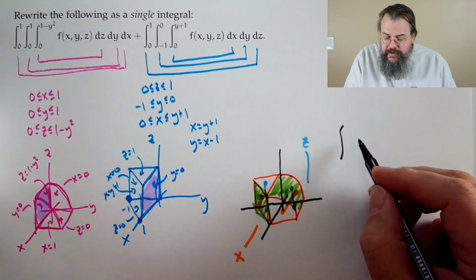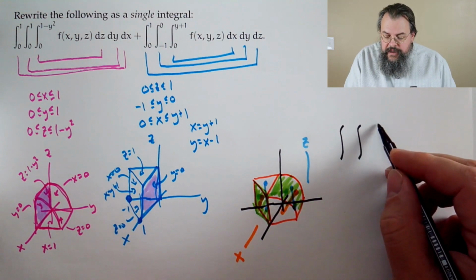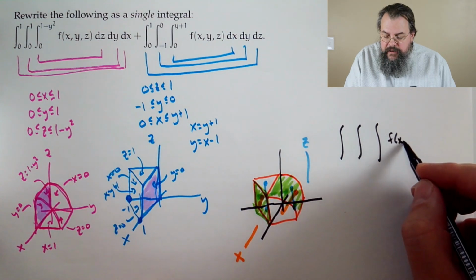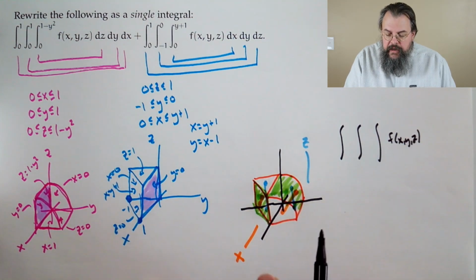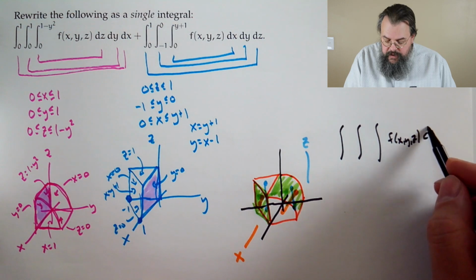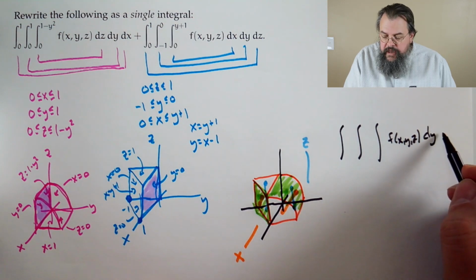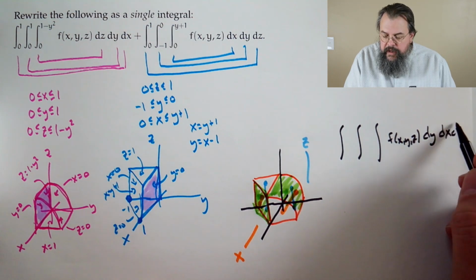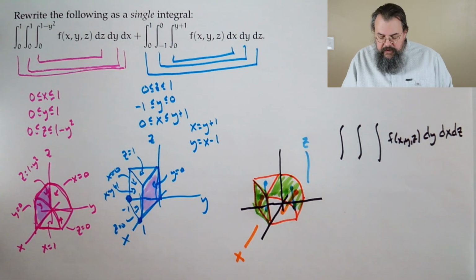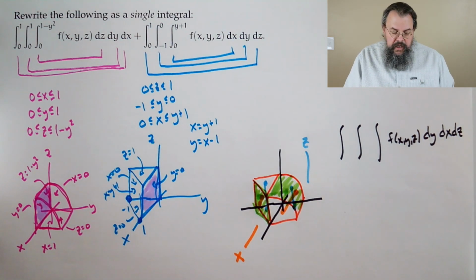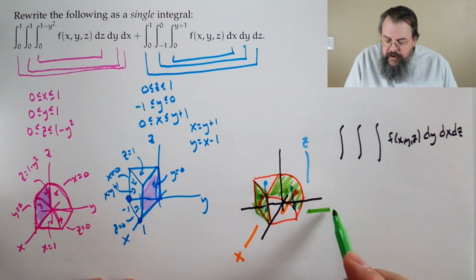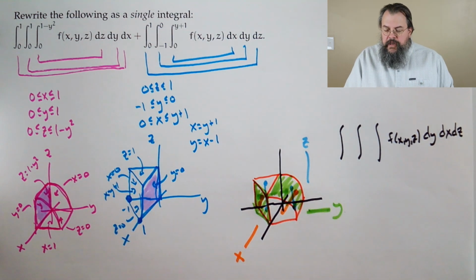So we're going to have an integral, integral, integral, f of x, y, z, and we're integrating with this dy, and it doesn't really matter the next two, dx, dz. Okay, great, good. And just for reference here, this is our y direction.